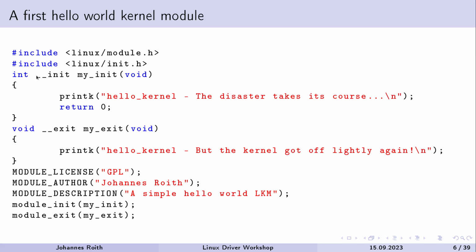You can see this __init macro here. This is just for readability. So if you search for __init, you can also quickly find the function which is called when we're loading the module into the kernel.